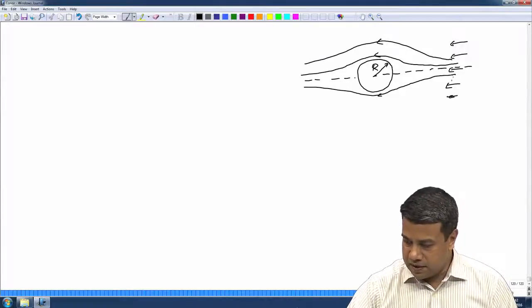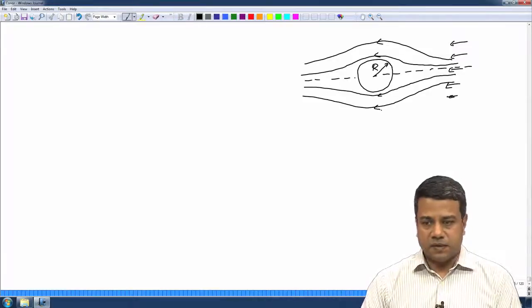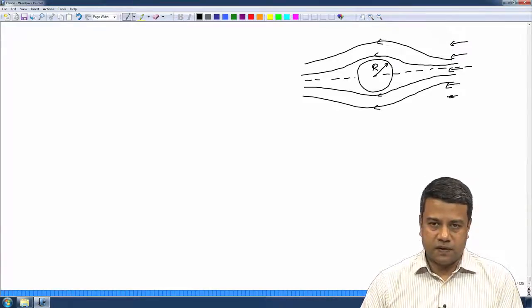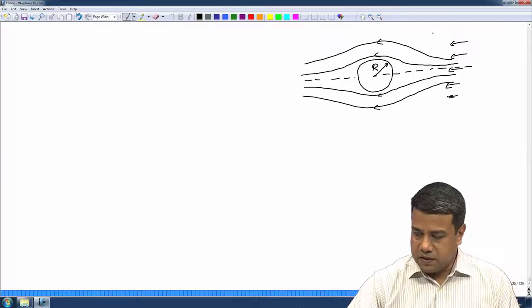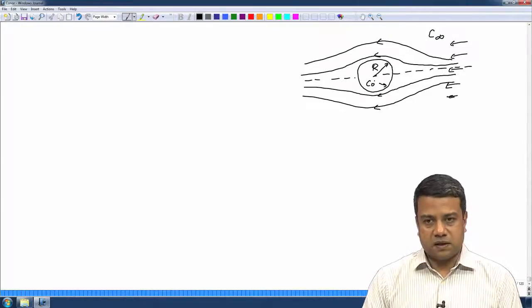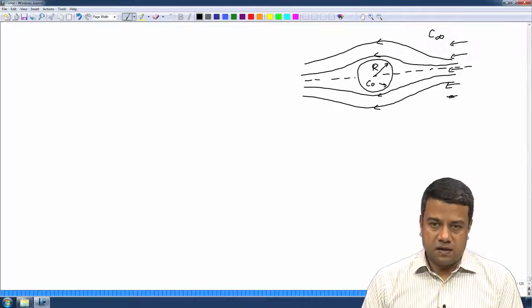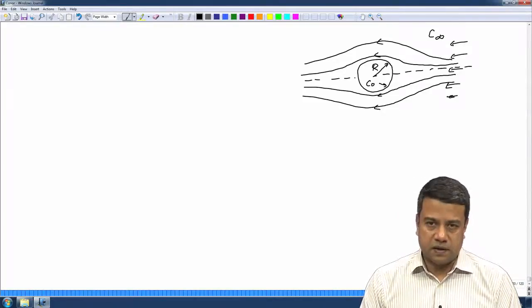In a laminar flow, these streamlines are symmetric between the front and the rear. The concentration far away is C infinity, and the concentration at the surface of the particle is some concentration C naught. And we would like to know what is the Sherwood number correlation for this configuration.